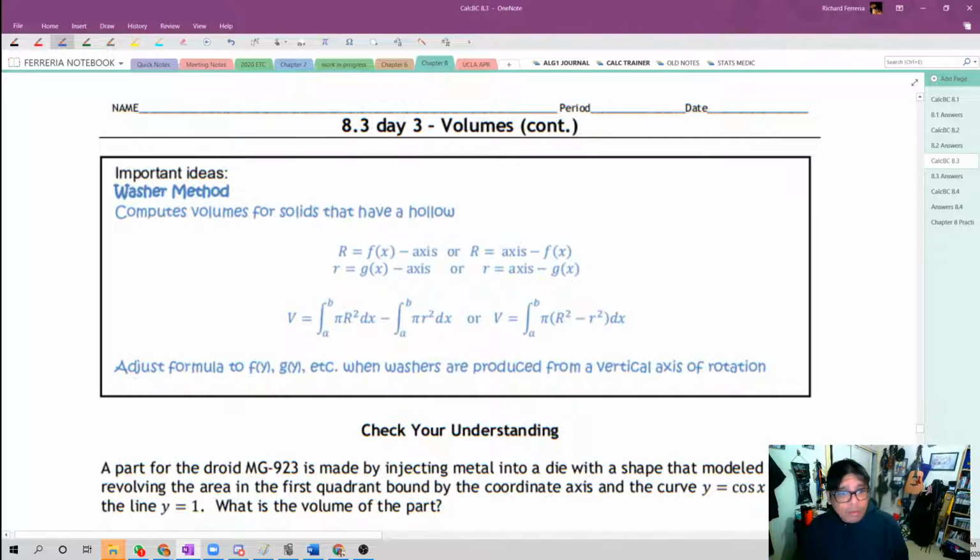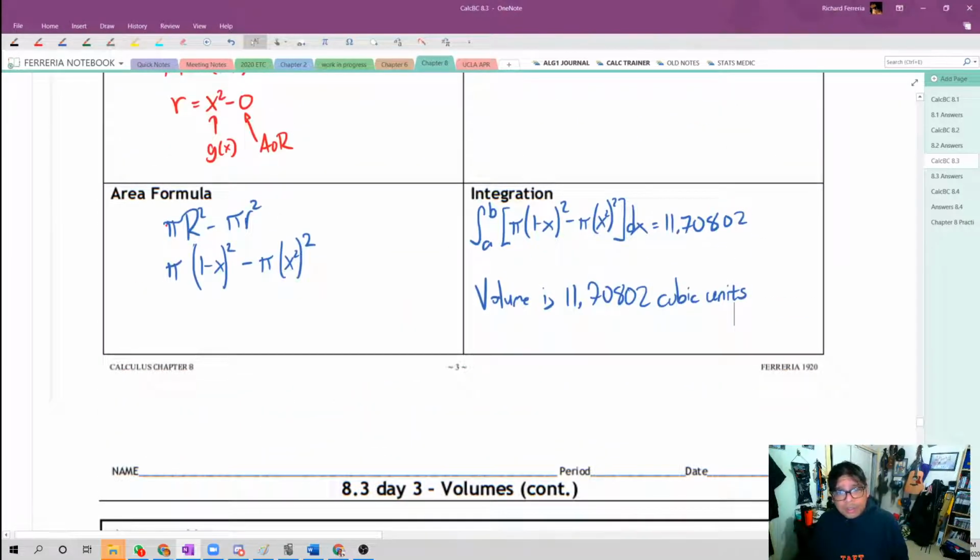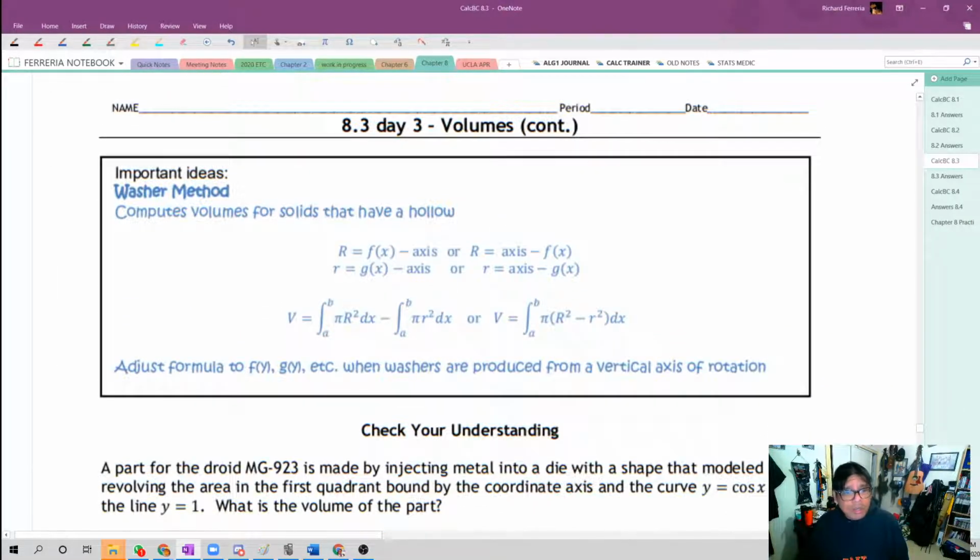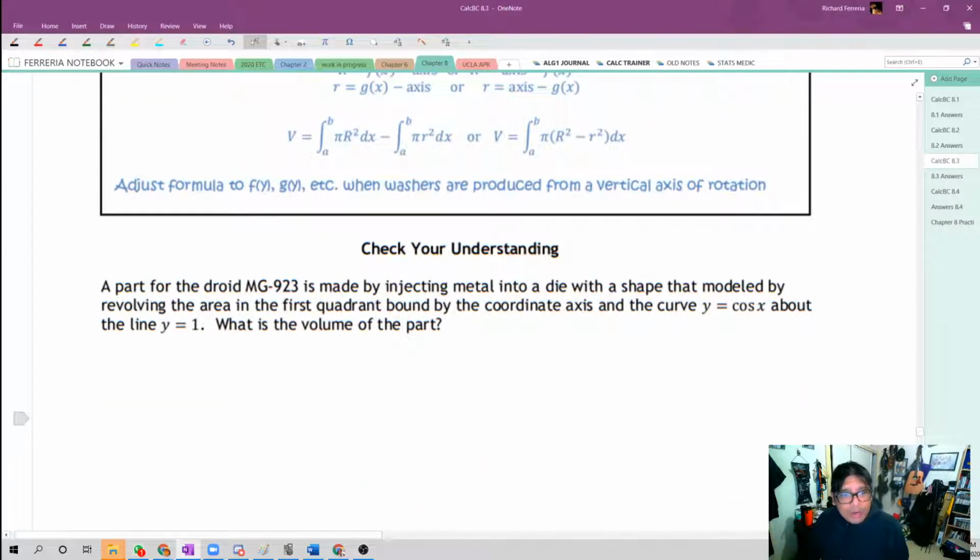And then we can either put the two integrals separately like this, or you could put them together, or we can do kind of what I did here, which is a strange combination halfway between here and here. So the integral from a to b of pi big R squared minus pi little r squared dx, which is probably what I would normally do anyways. Okay, so let's take a look at this check your understanding.